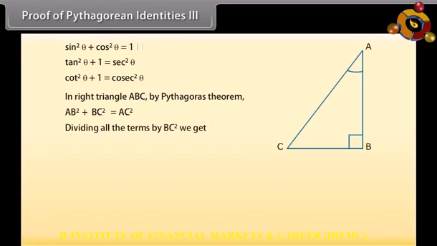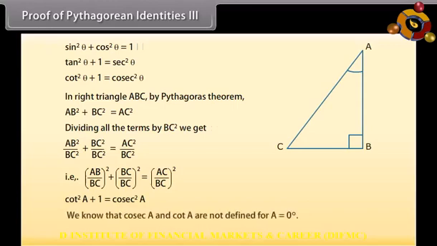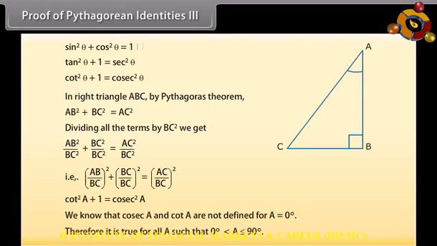Dividing all the terms by BC square, we can write it as (AB upon BC) whole square plus (BC upon BC) whole square is equal to (AC upon BC) whole square. That is, cot square A plus 1 is equal to cosec square A. We know that cosec A and cot A are not defined for A equal to 0 degree. Therefore, it is true for all A such that 0 degree is smaller than A, which is smaller than or equal to 90 degree.